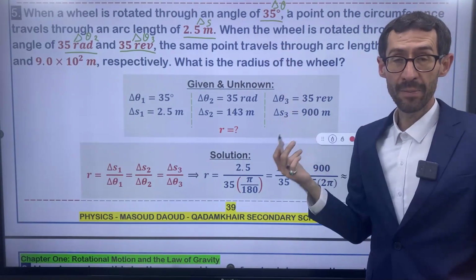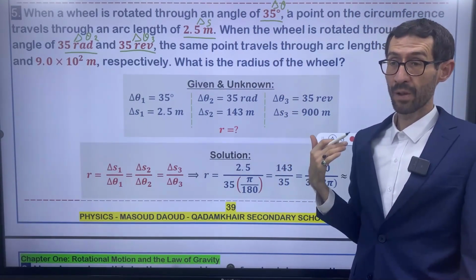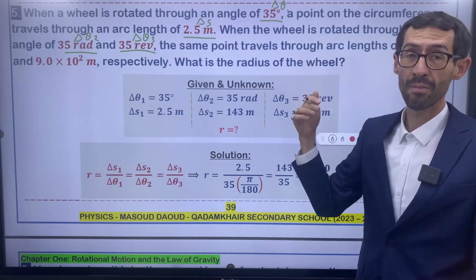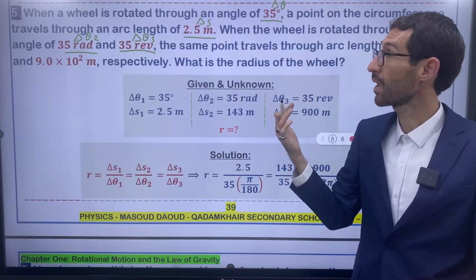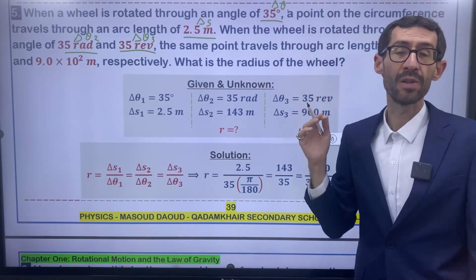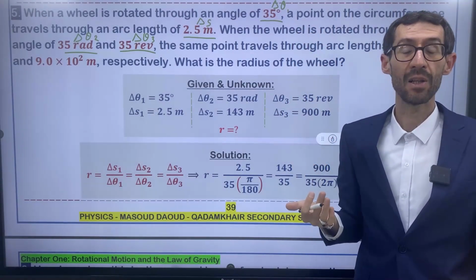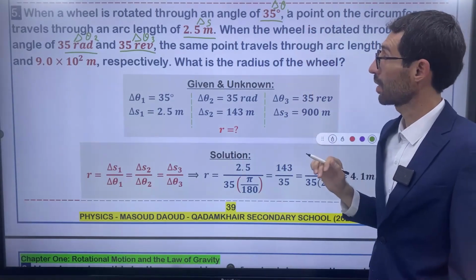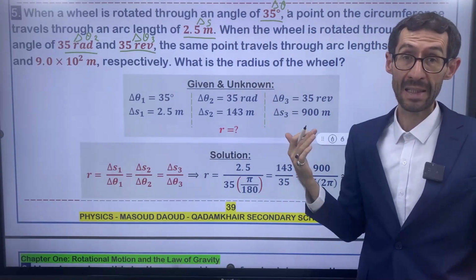And by the way, we have to number the delta S as well, because for each angular displacement there's its own arc length.